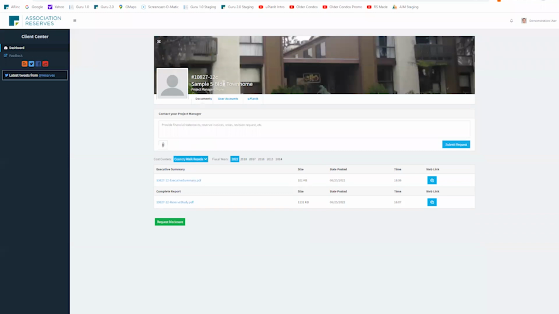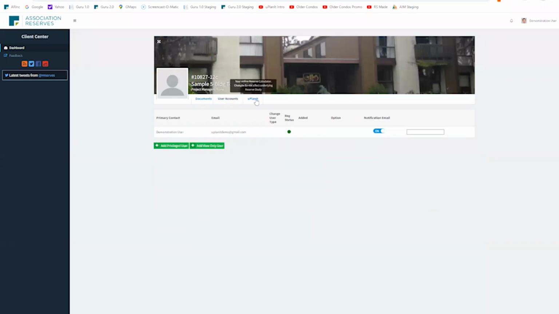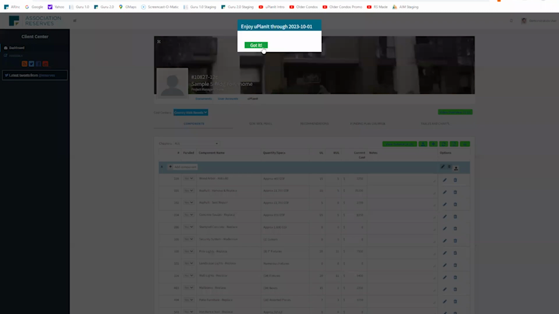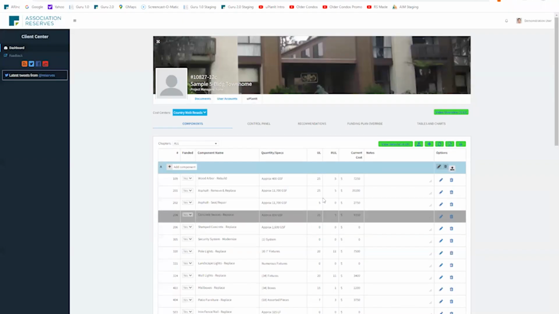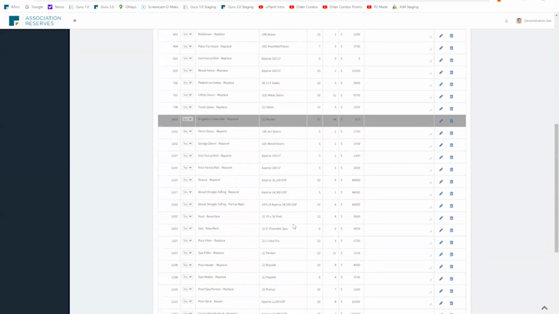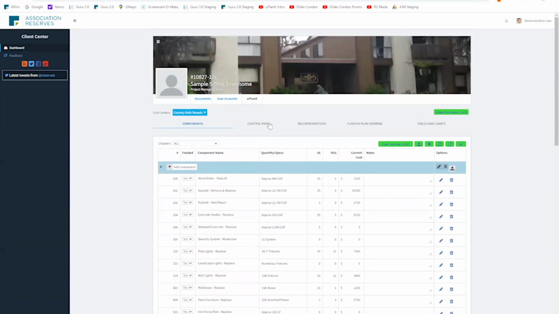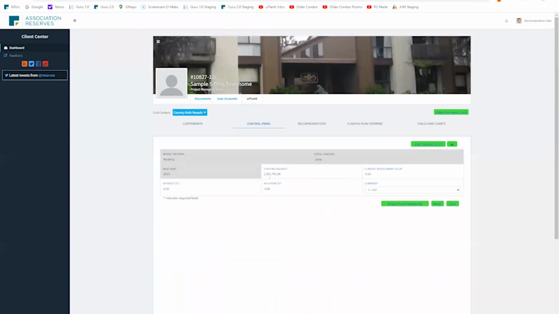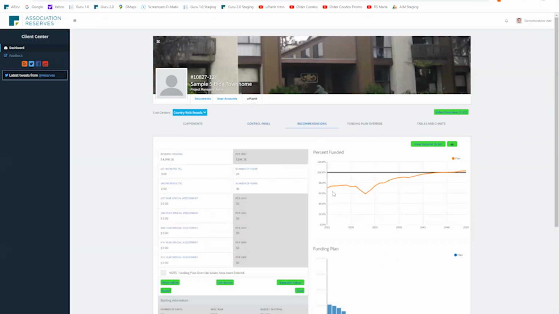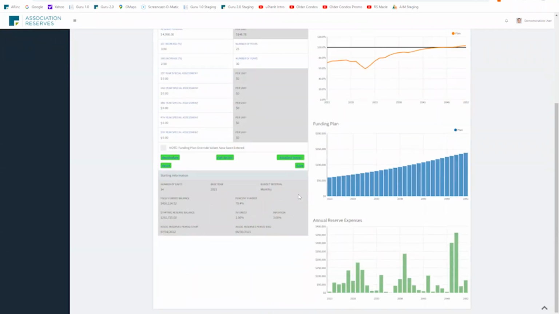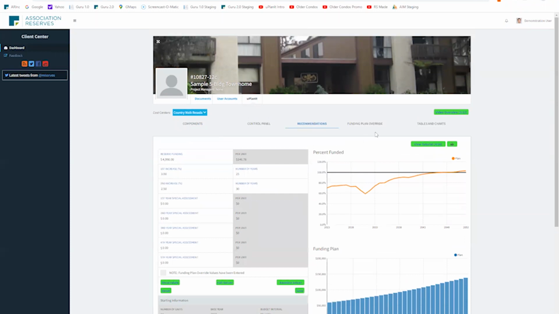You can see the reserve study here, user account management, and then uPlanIt. So you see the components here. It's just a long list. Don't worry about reading that. Control panel is starting balance, interest, inflation. Recommendations is where we do the fiddling around, the figuring out, and the tables and charts.